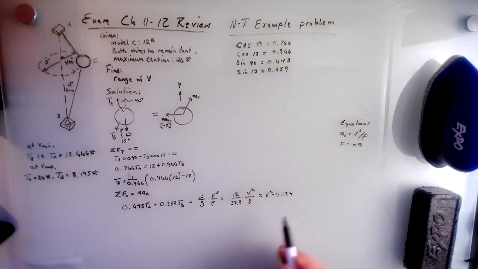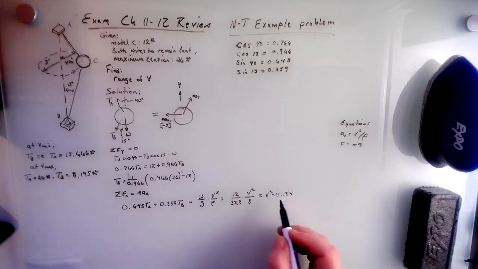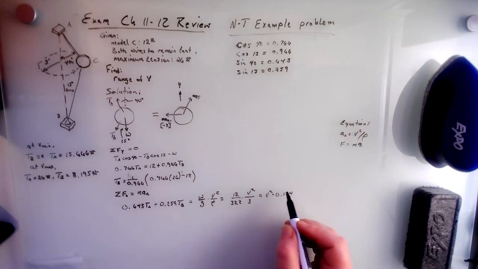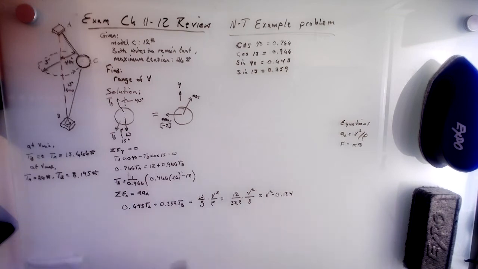If I rearrange this, V squared equals this inverted, so 1 over 0.124. If I send that to the minus 1, it's 8.05. So V equals the square root of 8.05 times this.